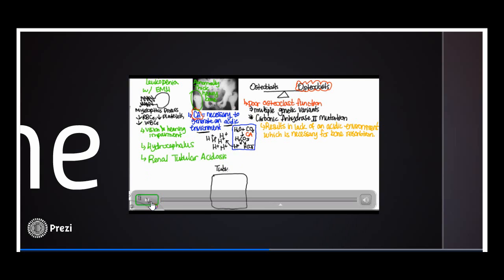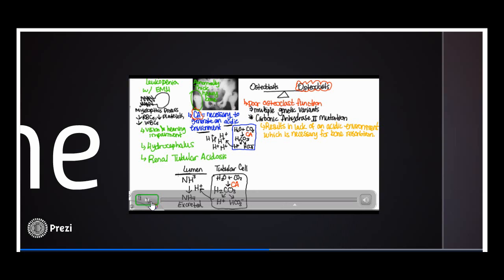Tubular cells have the ability to take water and CO2 to make H2CO3 in the presence of carbonic anhydrase, which catalyzes this reaction. Now, H2CO3 breaks into H+ and HCO3-. The hydrogen ion transfers into the lumen and joins with NH3 to form NH4+. This is important because it can be excreted, getting rid of acid.